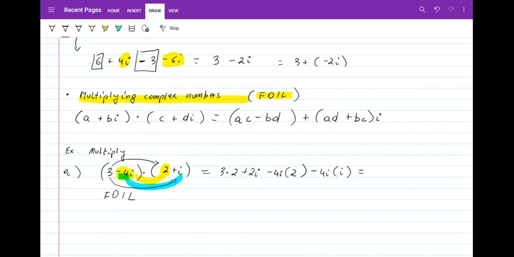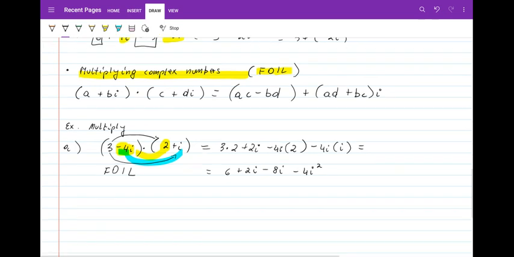And now I'm going to simplify that, so we have 6 plus 3i minus 8i minus 4i squared. And now we just have to remember that i squared means negative 1, okay?